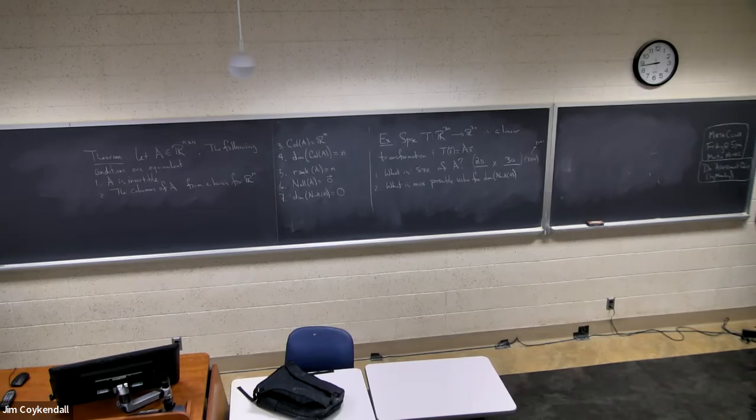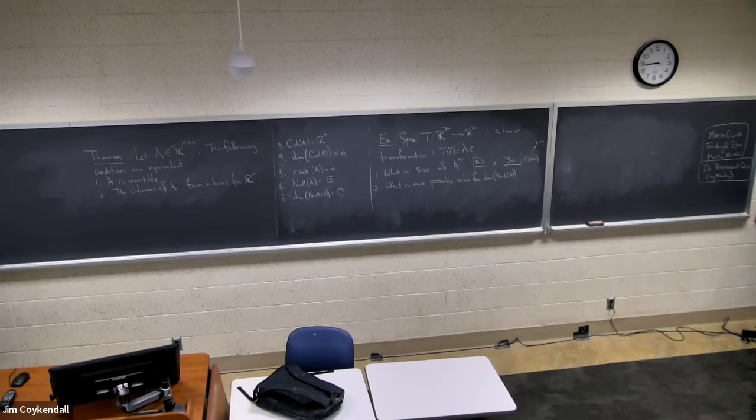Let me ask you this. What's the matrix that you might think of that makes the biggest null space of all? You're on the right track. The other extreme: the 0 matrix, right? That kills everything in sight.